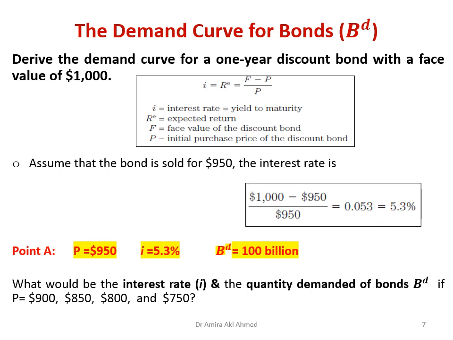The interest rate is computed according to the above formula. It equals 5.3%. Assume that at this price the quantity demanded is 100 billion bonds. Let's call this point A.